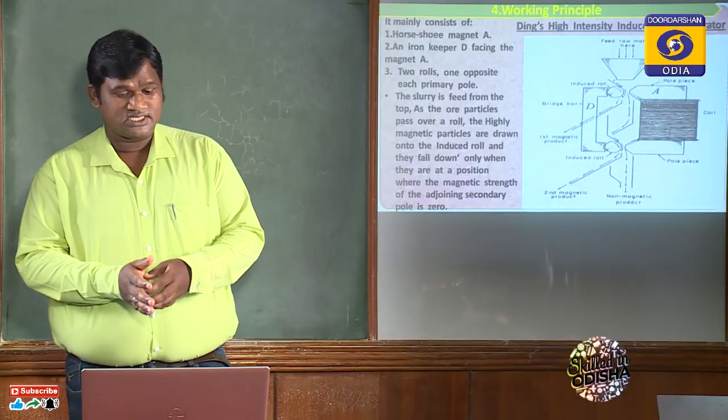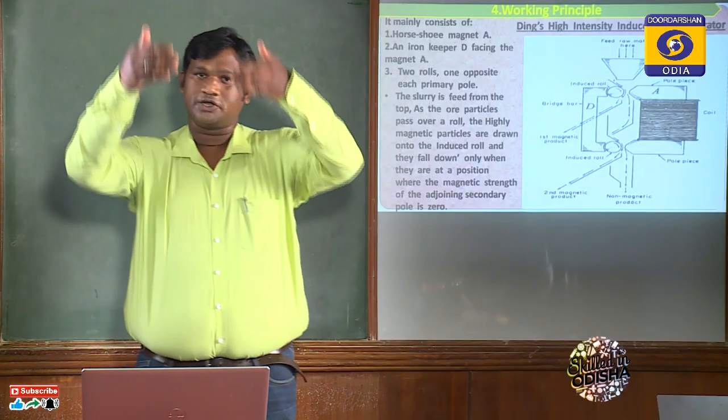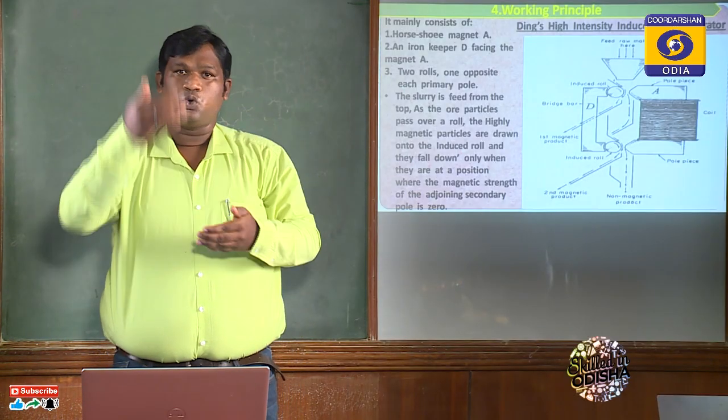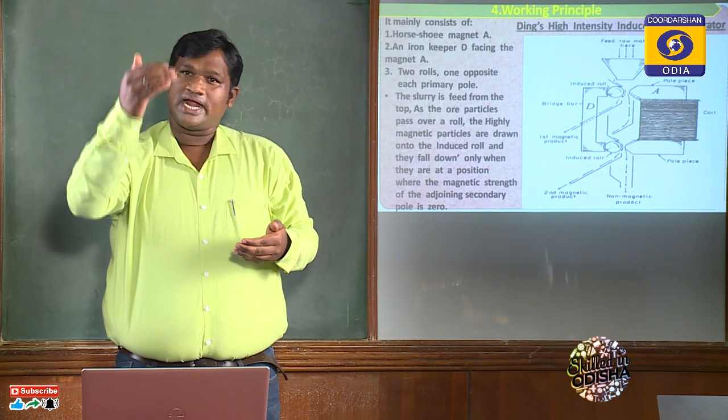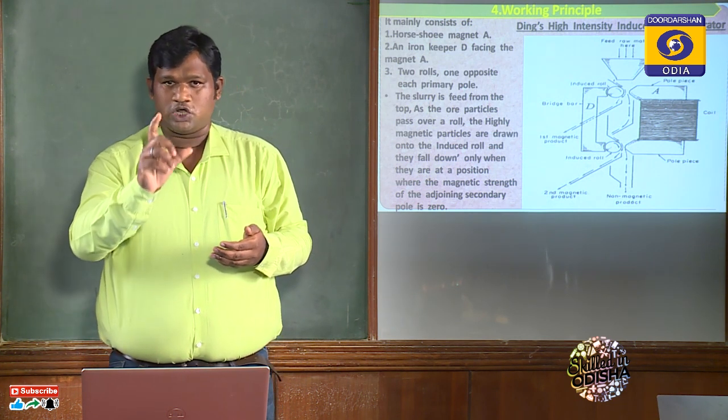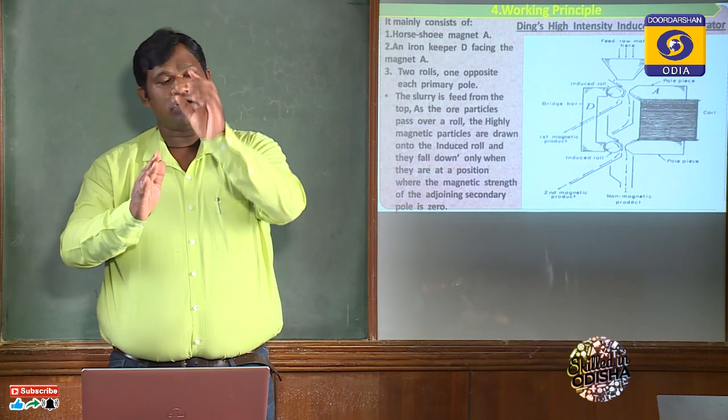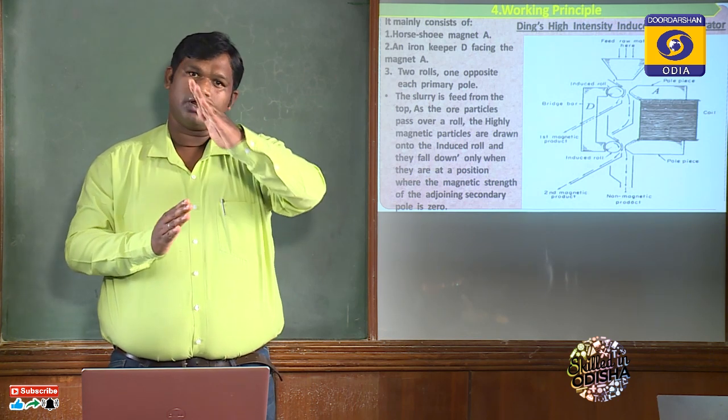Already I discussed this: the feed comes from the top. When the ore comes into contact with the first induced roller, the roller separates two products. The first magnetic field concentrates the highly magnetic particles, separating them from the tailings and the weakly magnetic materials.